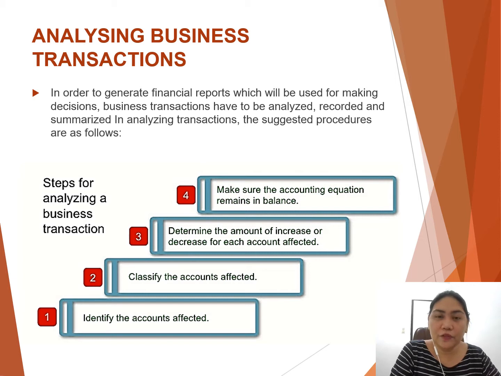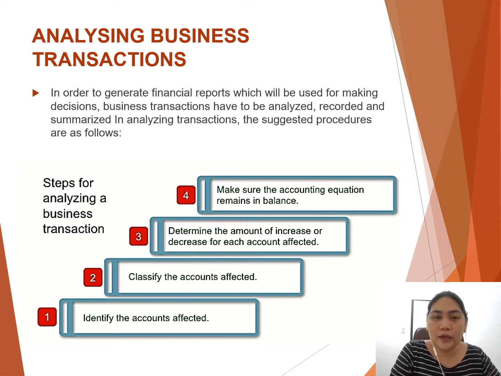Okay? And then, after we analyze the elements that are affected, the next one is to classify the accounts affected. Now, we need to identify what specific account is affected. Kasi diba, dun nga sa module 1, meron tayong mga nakalista doon ng mga accounts. For example, sa asset. Under asset, nandun yung cash, accounts receivable, diba?